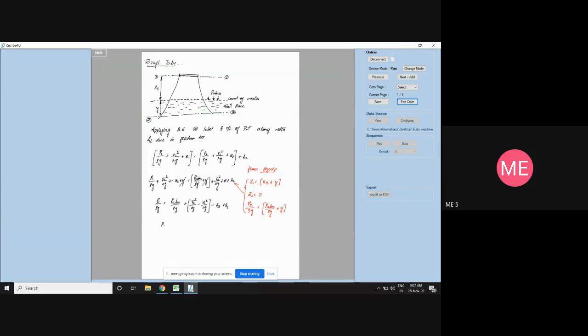So in the proper form, rearranging, I can write like this: P atmospheric by rho g plus V1 square by 2g, because velocity 1 will be greater, so I'll take V1 first, minus V2 square by 2g minus head loss minus Hs.